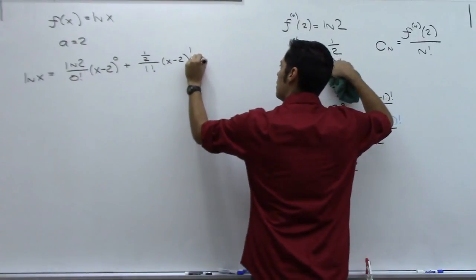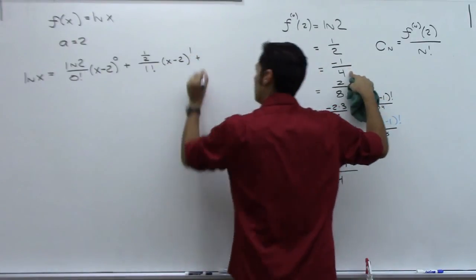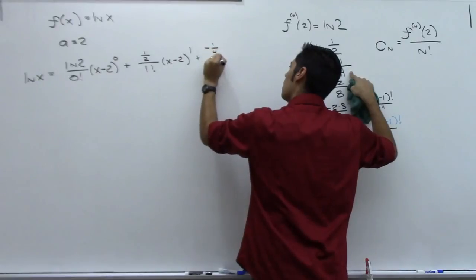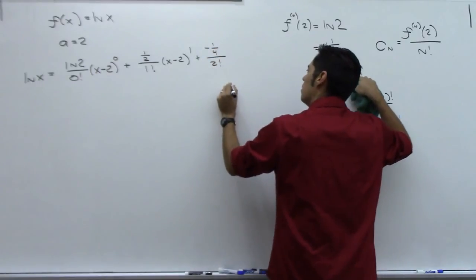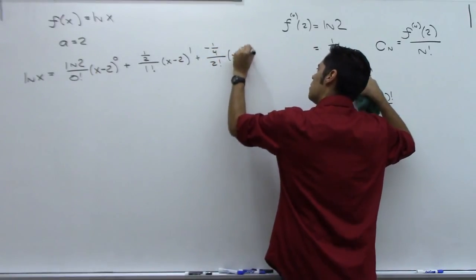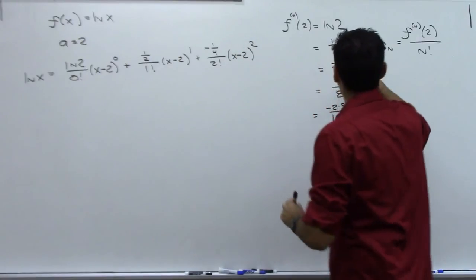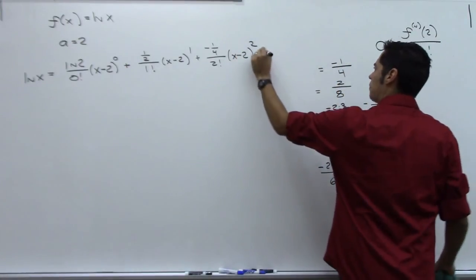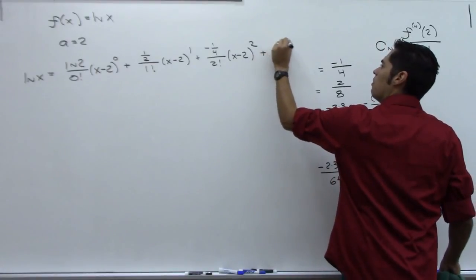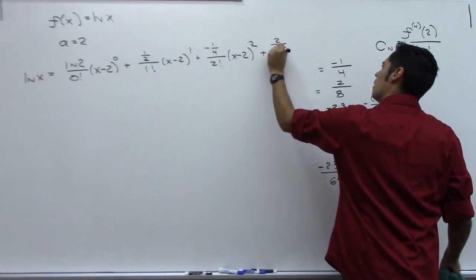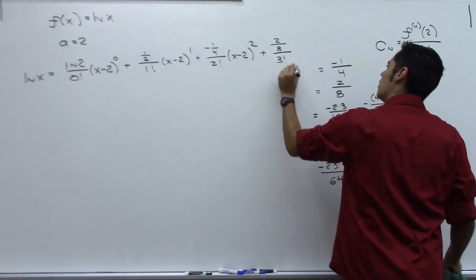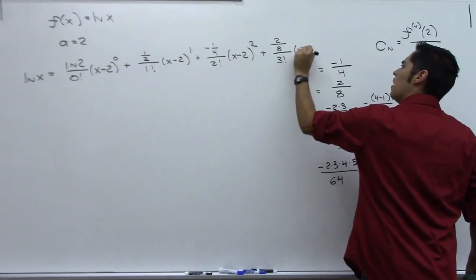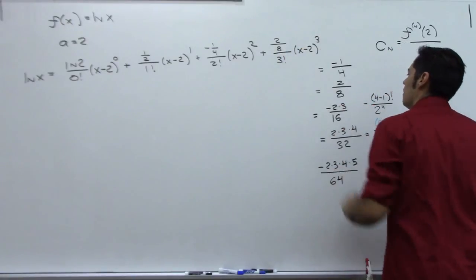Then I have plus this one, negative 1/4, over 2 factorial, x minus 2 to the second. And then I'm going to get 2 over 8 over 3 factorial, x minus 2 to the third.